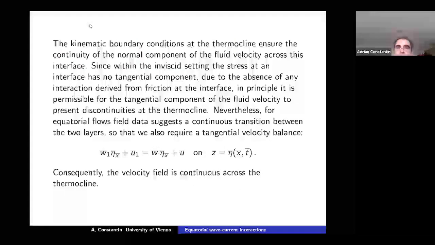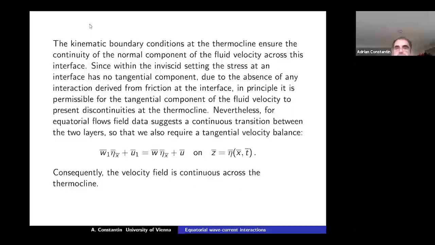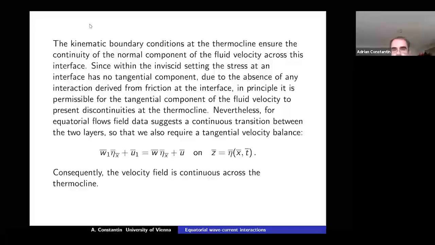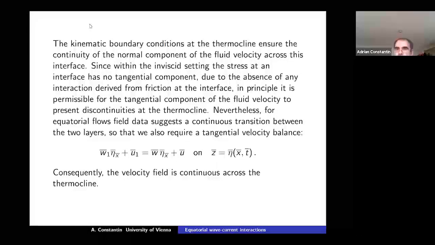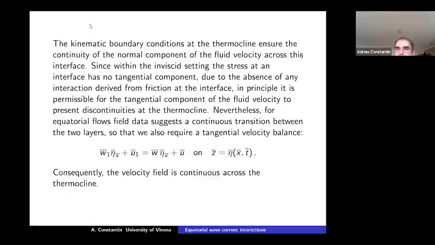Okay, now because this is inviscid, normally these should be all the conditions. But the normal boundary conditions are that at the interface, the pressure is constant and the normal components of the velocities are continuous. So within the inviscid setting, you could have the tangential ones being discontinuous, but this is not the case here.